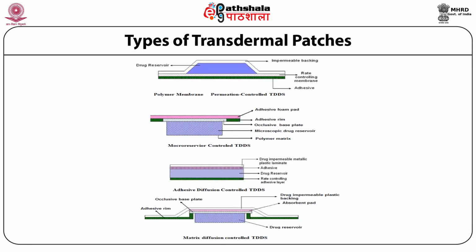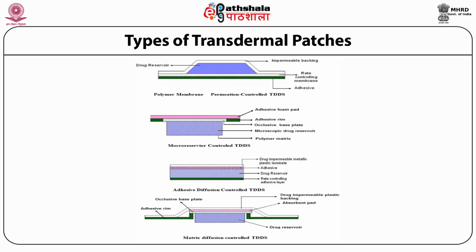My dear students, the transdermal patch is a very popular system of drug delivery. In front of you on your screens, you have different varieties or types of transdermal patches. The naming of the patches is based on the mechanism or the components which have been used. The first one is a polymer membrane permeation controlled TDDS, that is, transdermal drug delivery system.